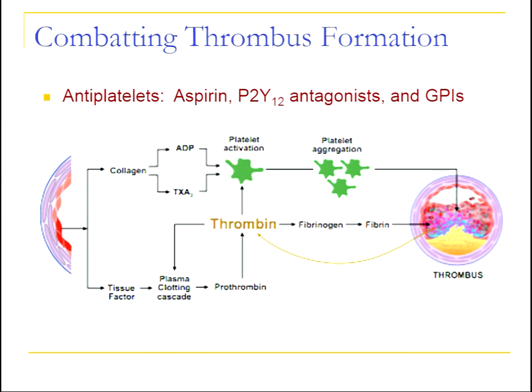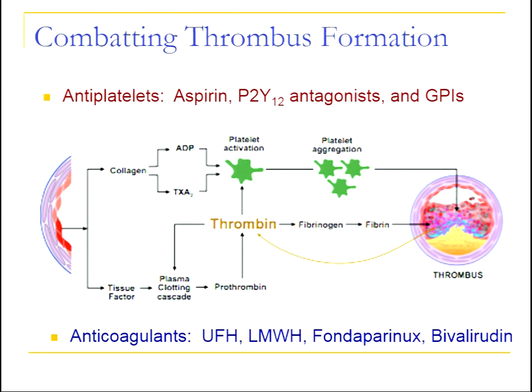So you may see up to all three classes of antiplatelet agents be appropriate for any given patient that presents with acute coronary syndrome. The difference in antiplatelets and anticoagulants is that you only choose one anticoagulant. So the anticoagulants that are available and generally recommended for acute coronary syndrome are unfractionated heparin, low molecular weight heparin, fondaparinux, appropriate in some individuals, typically those who don't go on to PCI, and then bivalirudin as well.